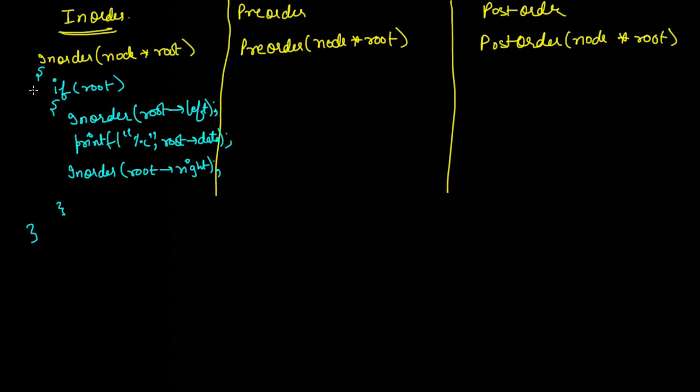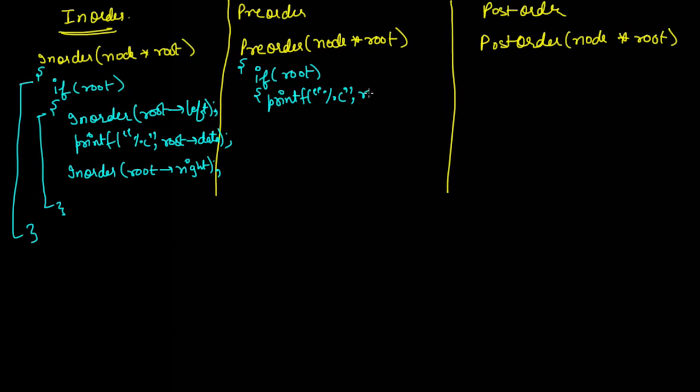So this is your in-order. Then in the pre-order, what we are going to do is if root, then printf("%c", root->data).